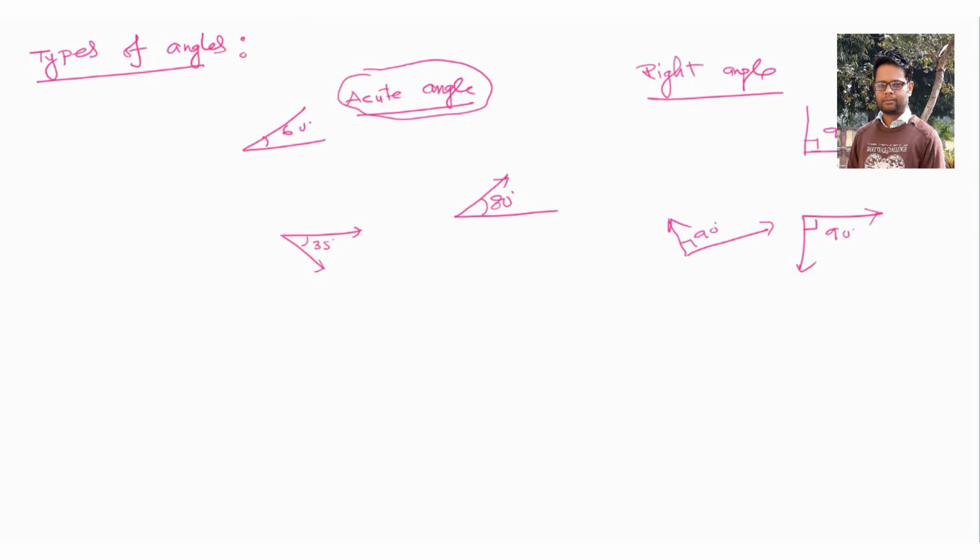Two lines that form an angle of 90 degrees are said to be perpendicular to each other. Here two lines, OA and OB. Two lines, rays, or line segments that form an angle of 90 degrees are said to be perpendicular to each other. Okay, now obtuse angle.